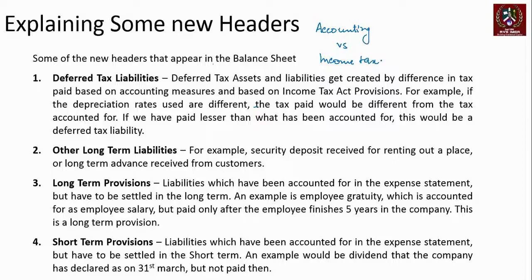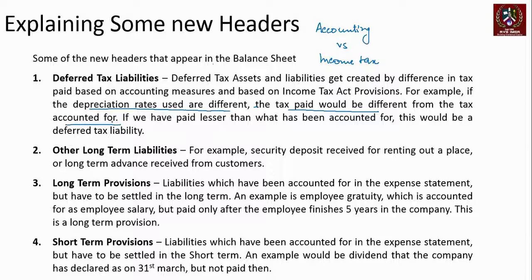Just to give an example, if the company chooses to take a certain depreciation rate for a certain asset, but the income tax department does not agree to that depreciation rate, they have their predefined depreciation rates. You could have different depreciation rates that are used. And because of this, the tax paid would be different from the tax accounted for.